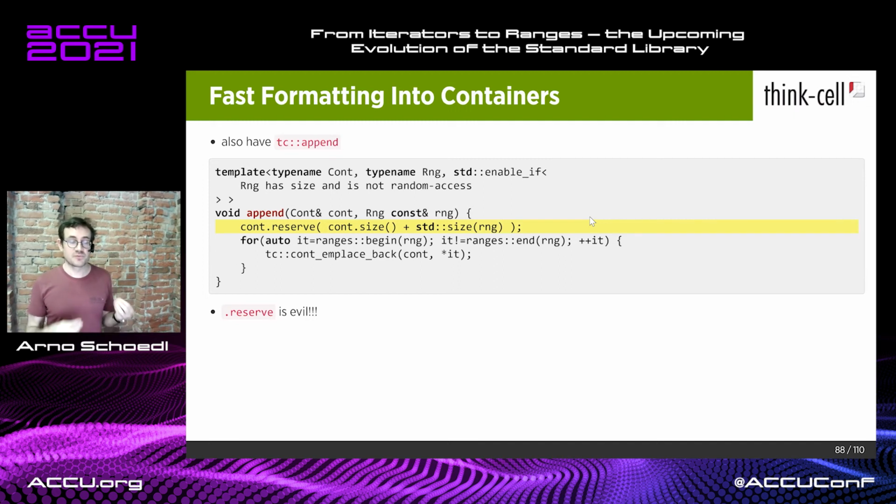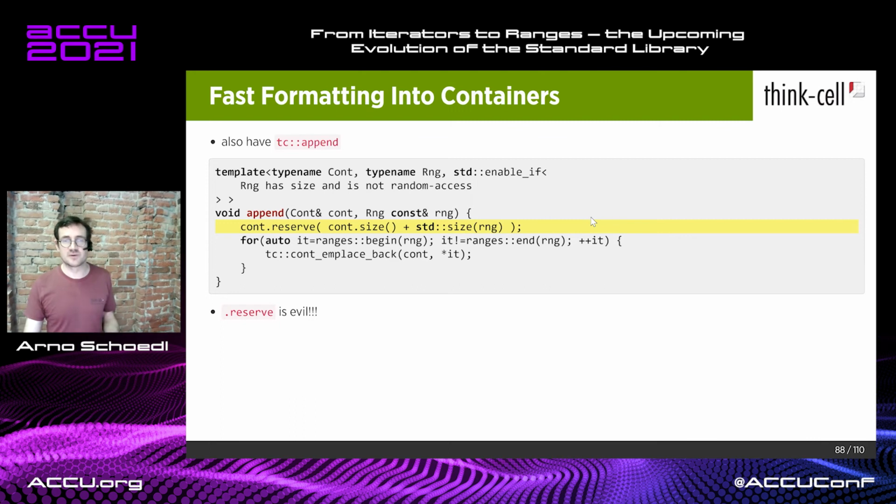The thing is, with reserve, it will just allocate as much memory as you need. If you're calling append with small ranges repeatedly, then this reserve will just increment the size of the vector, or whatever you're creating here, just one element potentially at a time, and would cause massive amounts of reallocation.